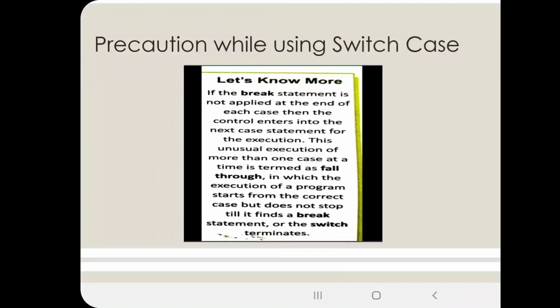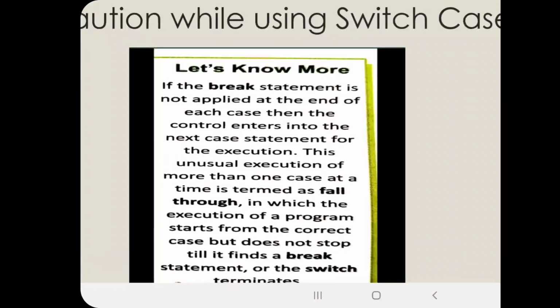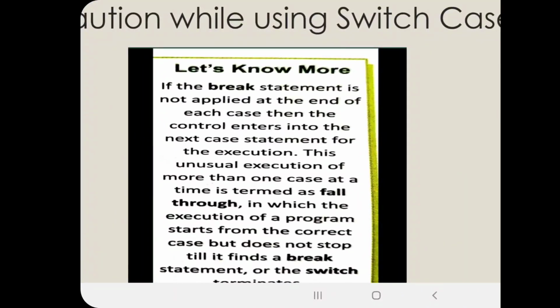What precautions do we take while doing switch case? If the break statement is not applied at the end of each case, then the control enters into the next case statement for execution. What does this mean? If you do not use the break word after each condition, the program will not understand where the condition should stop.